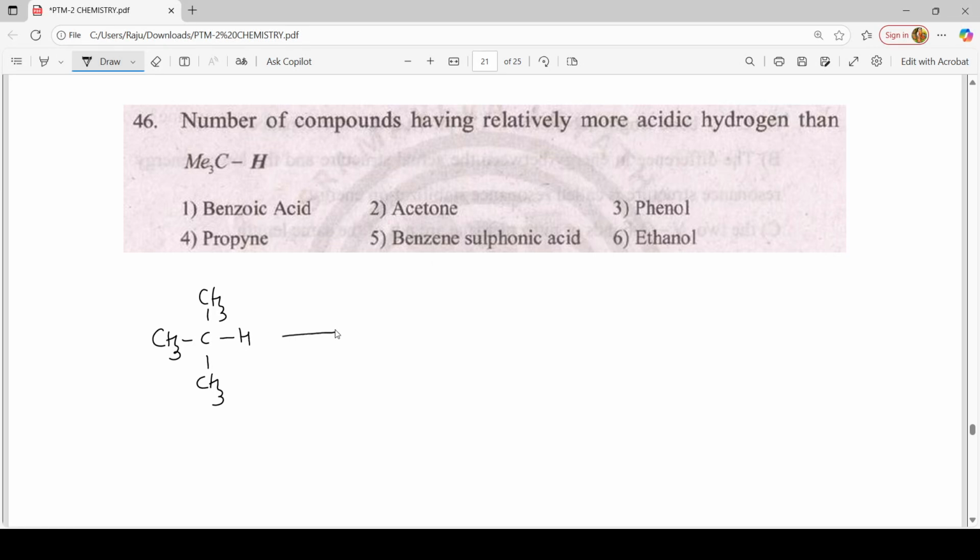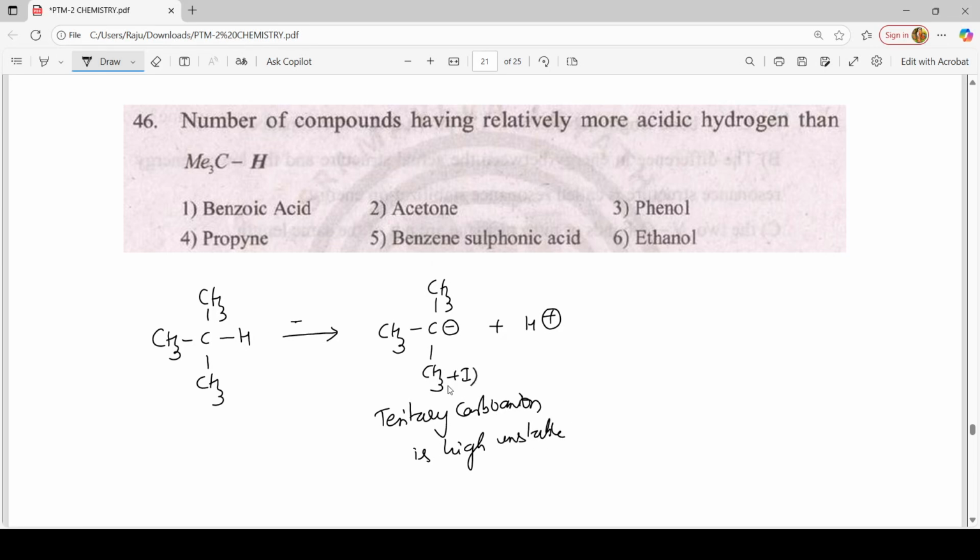For suppose the H plus ion is donated from isobutane, you get a tertiary carbanion. Students, the tertiary carbanion is highly unstable. Why? Because there are plus I groups.